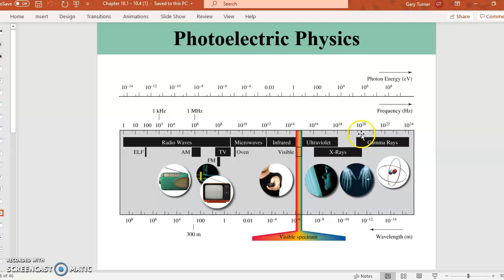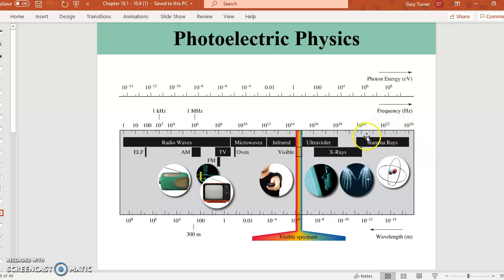My answer should fall somewhere between something times 10 to the 20th up to about something times 10 to the 24. So for gamma rays, that's a very typical range, 10 to the 20th hertz, or 10 to the 20th cycles per second. 10 to the 20 of those crests will pass your point every second, is what we're saying here.